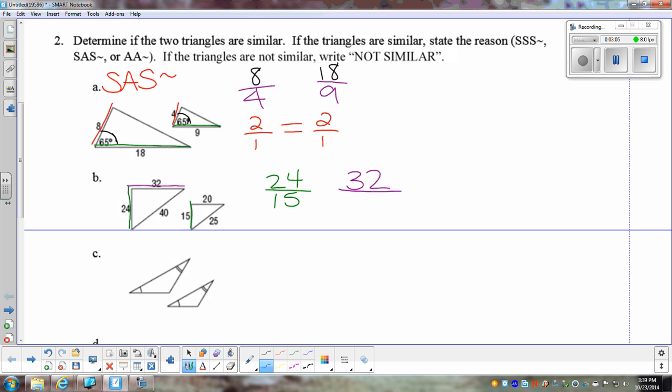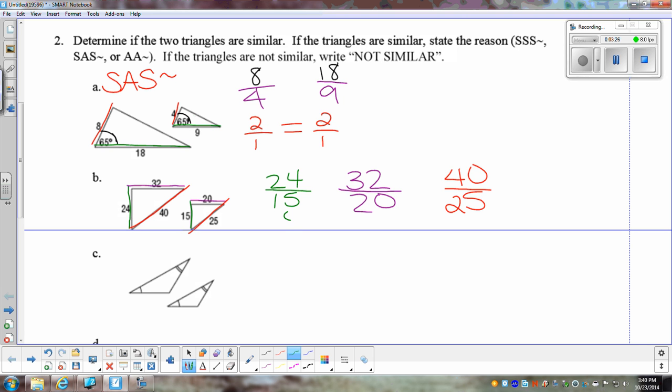The medium side of my little triangle is 20. The big side of my big triangle is 40. The big side of my little triangle is 25. So then I have to check to see if all of these simplify to the same thing.